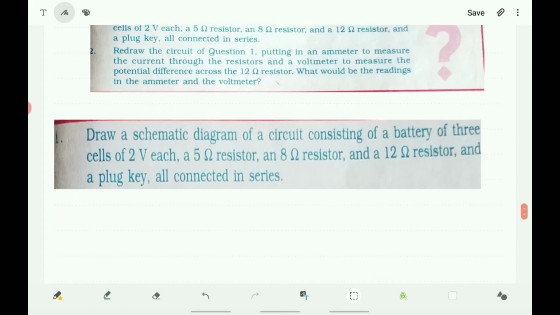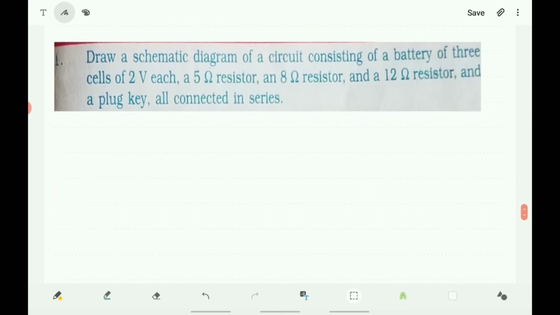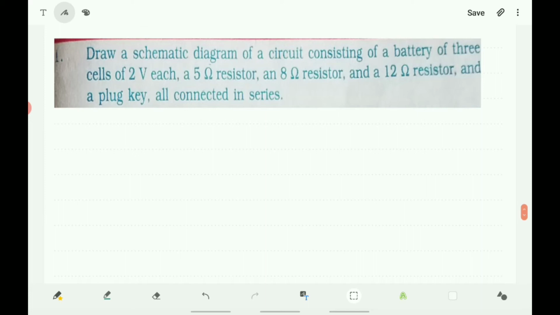So let us see the first question. Draw a schematic diagram of a circuit consisting of a battery of 3 cells of 2V each, a 5 ohm resistor, 8 ohm resistor and 12 ohm resistor and a plug key all connected in series. So let us have the diagram here.